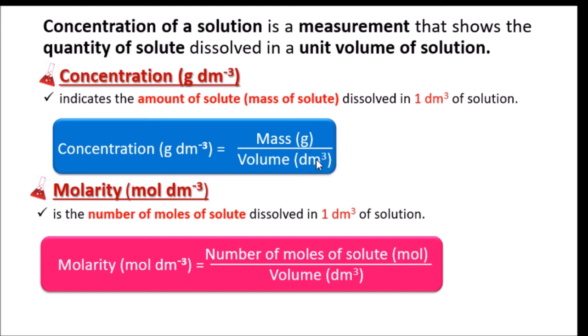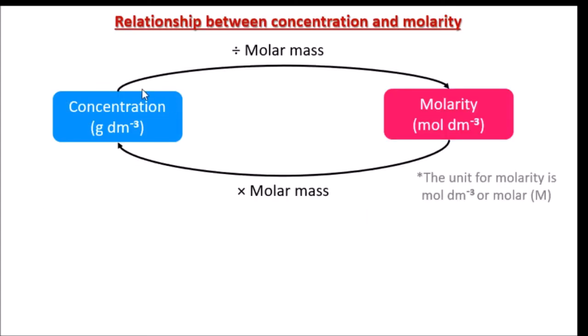If the concentration is in the unit of mole per dm cube, then the concentration we can call it as molarity. So formula for molarity is equal to number of mole over volume. The volume also in the unit of dm cube.